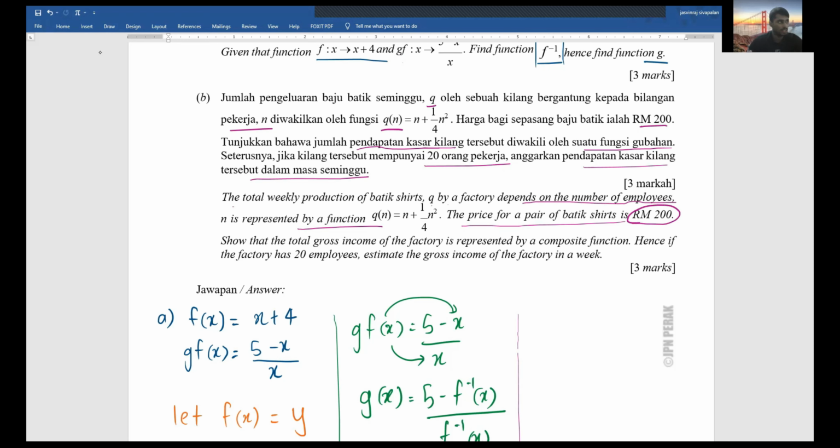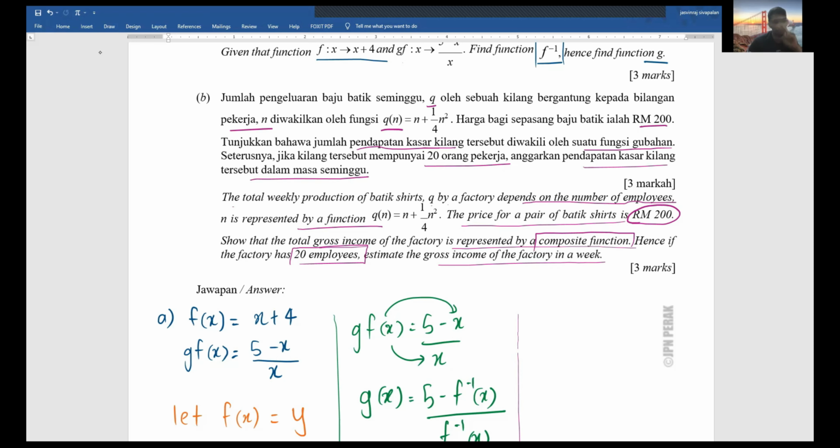Show that the total gross income of the factory is represented by a composite function. Hence, if the factory has 20 employees, estimate the gross income of the factory in a week.